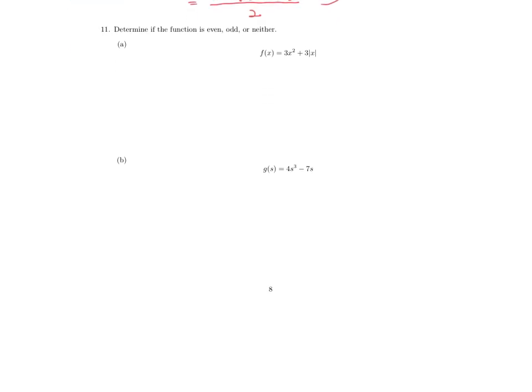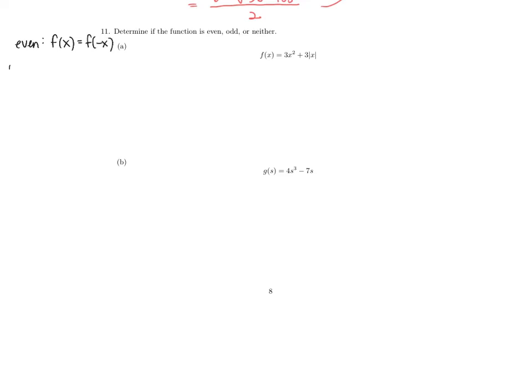Okay. Number 11, determine if the function is even, odd, or neither. So in this example, a little bit of side notes here, if a function is even, then it satisfies the condition that f of x is equal to f of negative x.